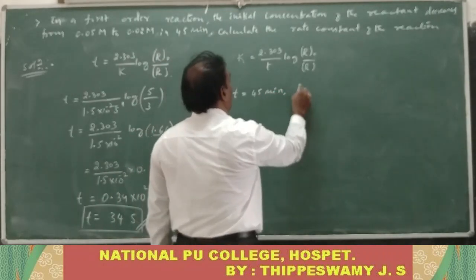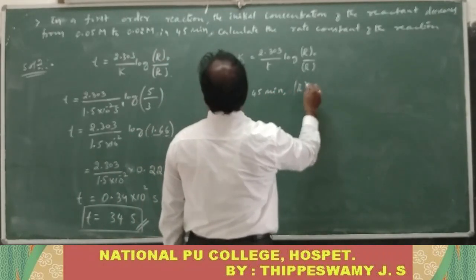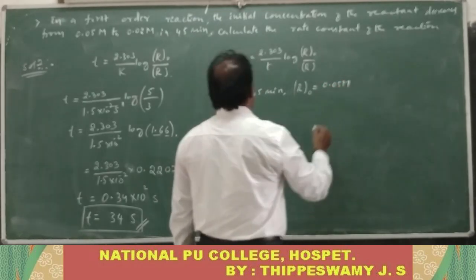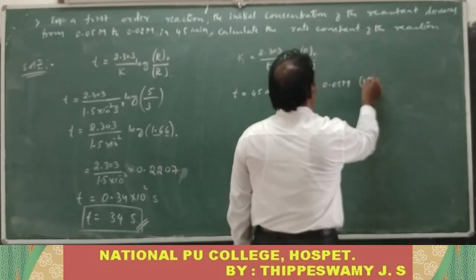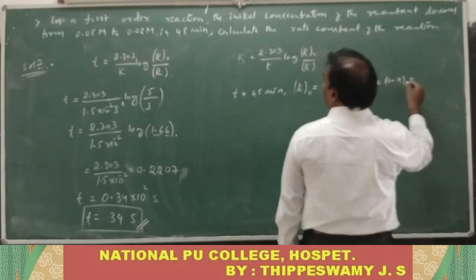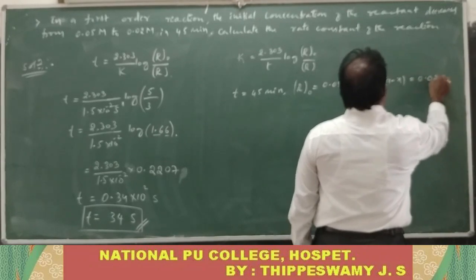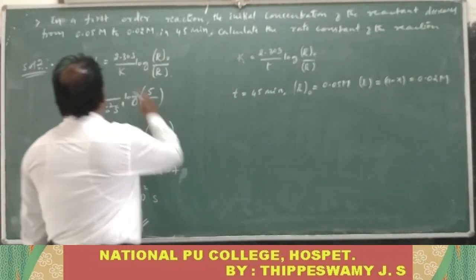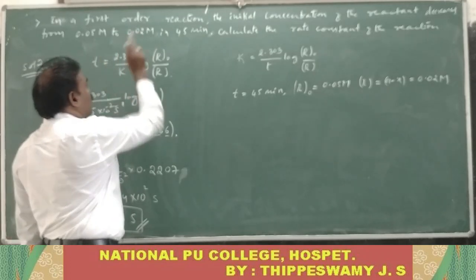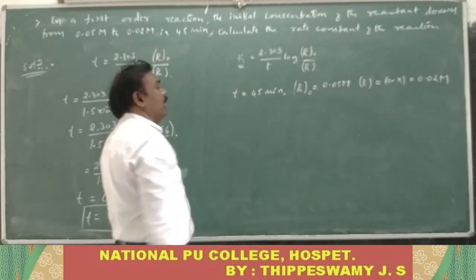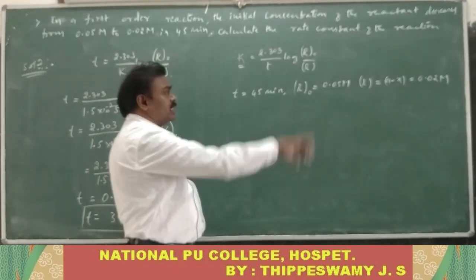What is the value of R naught given? The initial concentration, 0.05 M only. Then what is the value of R? Nothing but a minus x, which is 0.02 M. Calculate the rate constant, K we have to find. These are the data given.